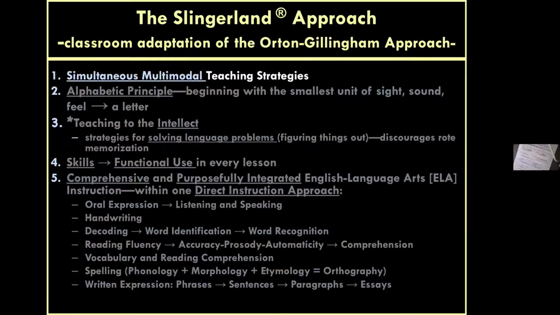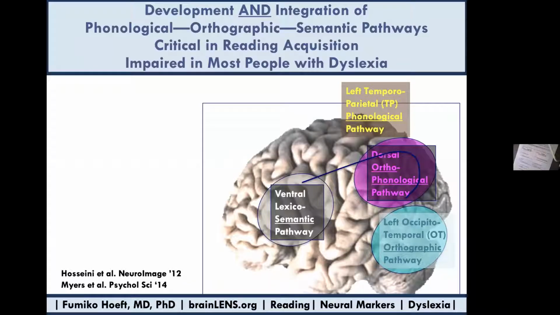So if we start with simultaneous multimodal, some of you may have seen this before, but we have within the brain the development and integration of phonological, orthographic, and semantic pathways. And that's exactly why the Slingerland approach is organized the way it is, to integrate in the instruction the phonological, orthographic, and semantic pathways.